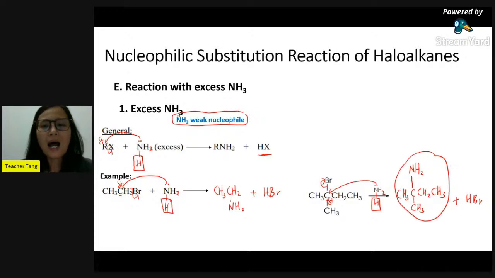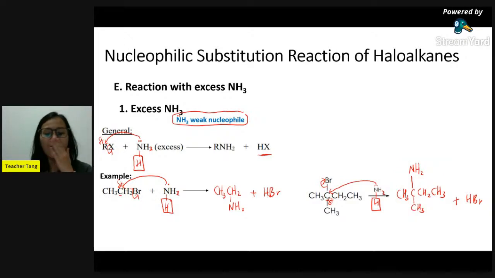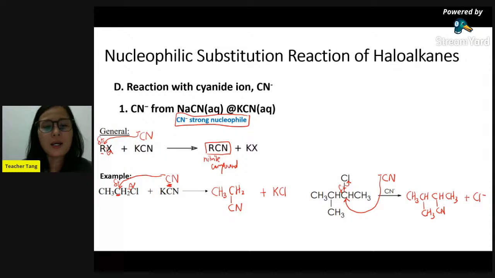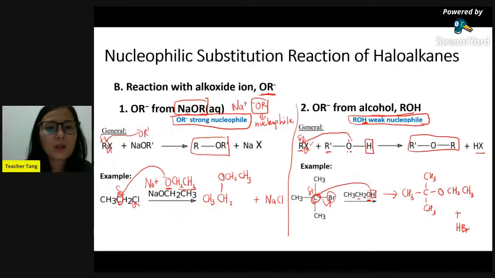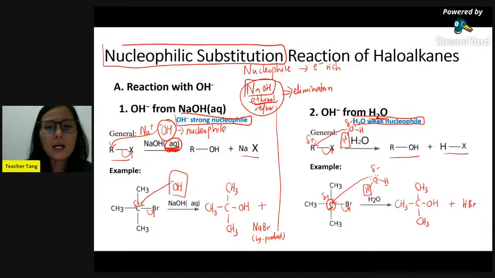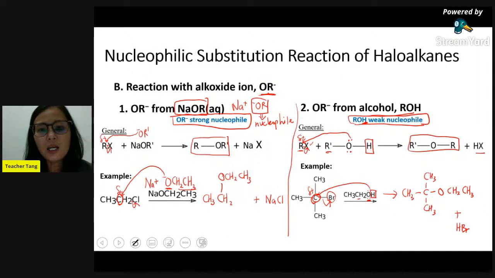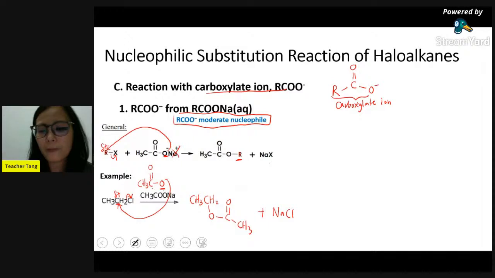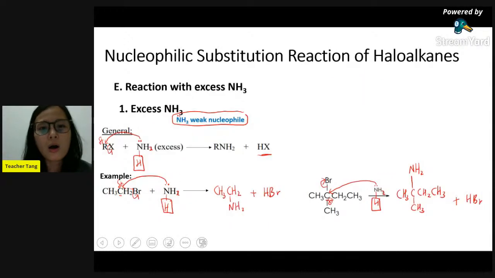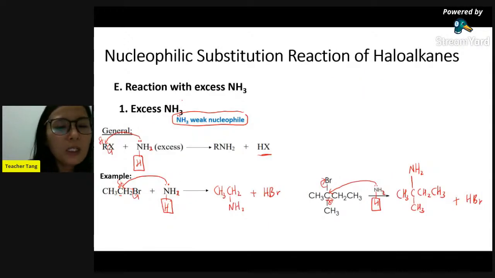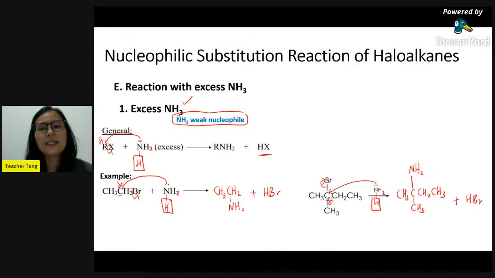So how to conclude this? Okay, so what conclusions can we make? So if you have a neutral nucleophile, for example, water, alcohol, and also ammonia, what will happen is when the halogen leaves, they will take one hydrogen.